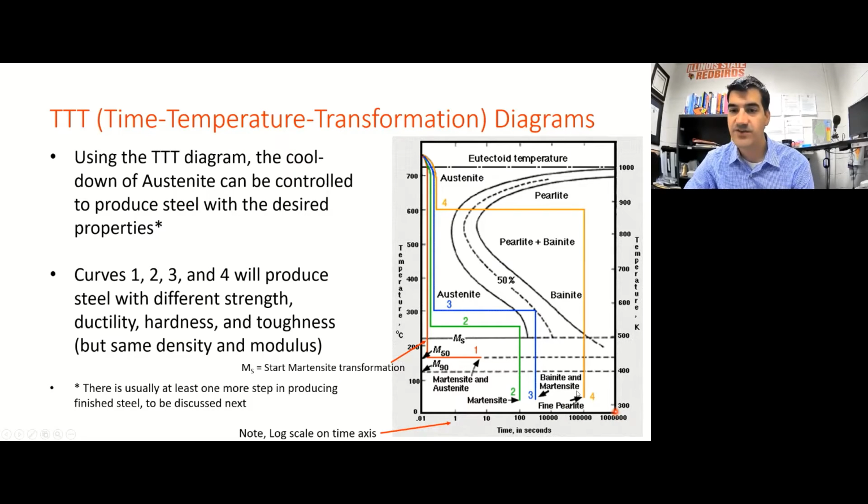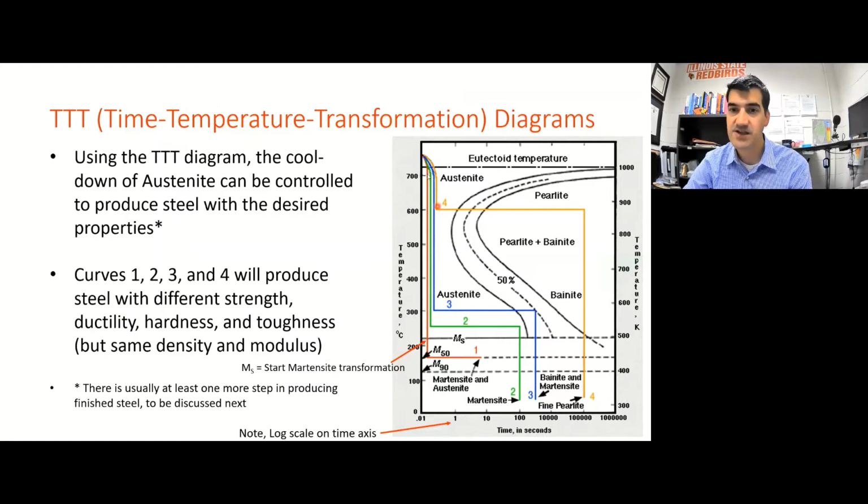So curve 1 is going to have us cool it down really quickly by quenching it. Curve 2 has us cooling it down really quickly, but only to here, about maybe 250 degrees Celsius, and holding it there for about 100 seconds, and then cooling it down.